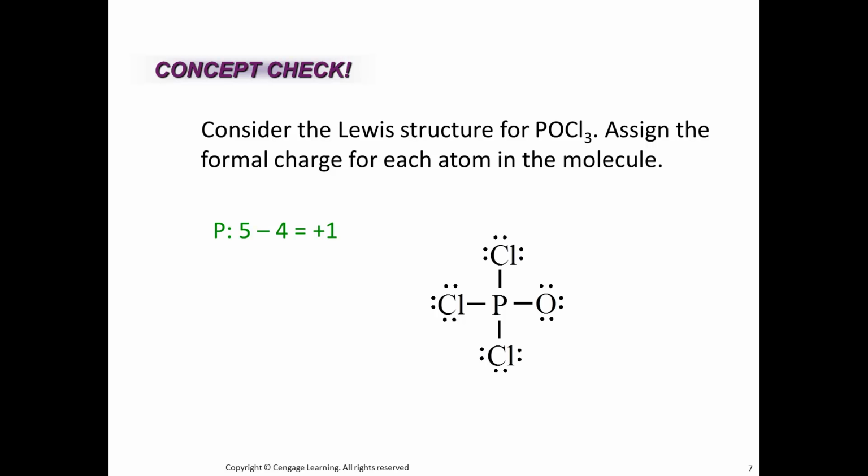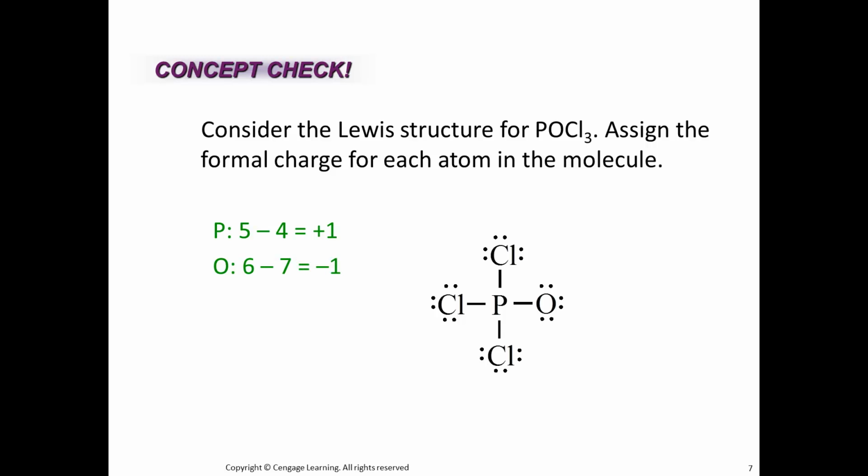There are 4 covalent bonds, so we can subtract 4 from 5 to get +1 for the formal charge on phosphorus. We could also count up the number of shared electrons, 2, 4, 6, 8, divide that by 2 to get 4 to subtract to get our formal charge on phosphorus.